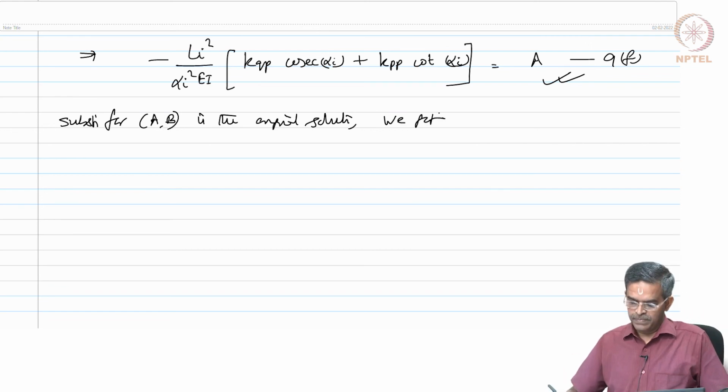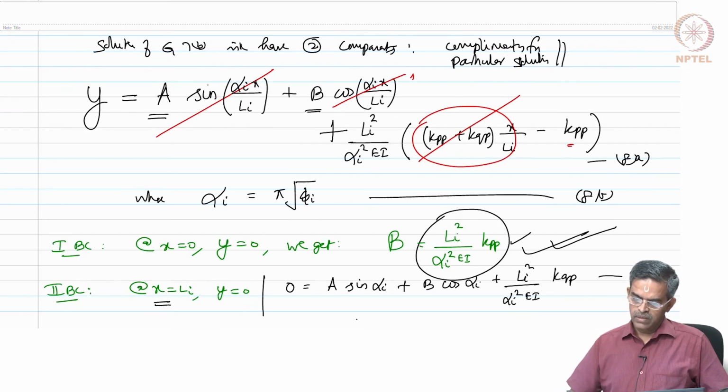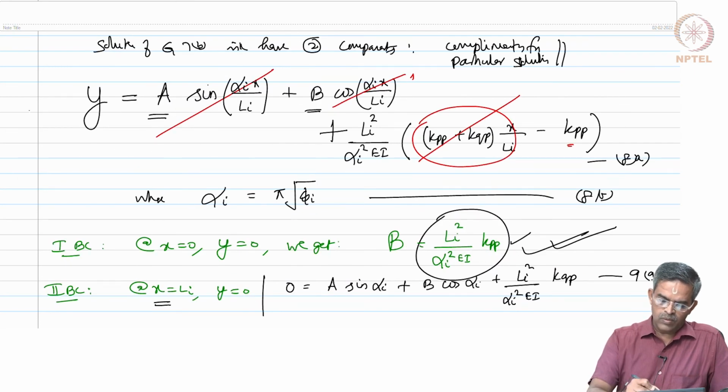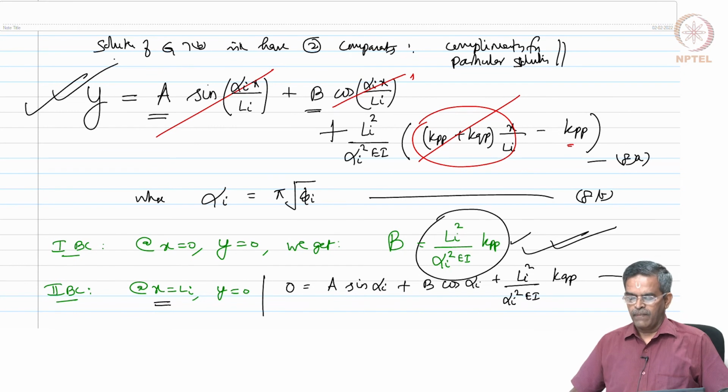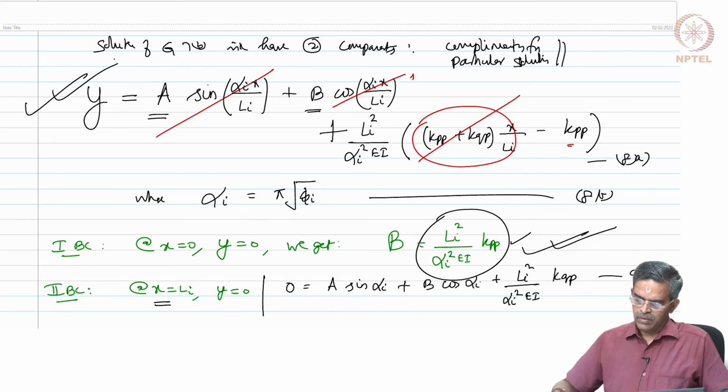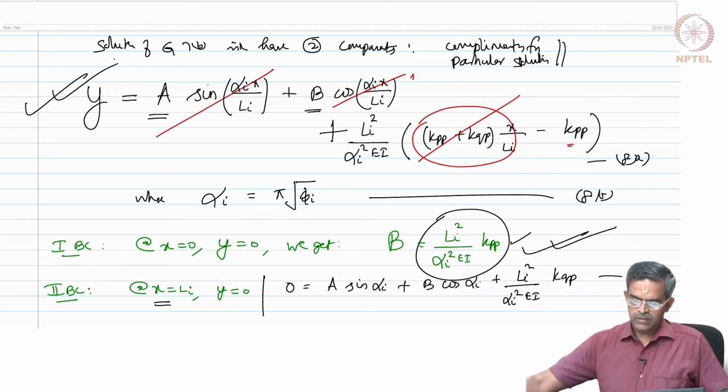Where is the original solution? This is the original solution I have. So, let us rearrange the terms. Let us again, we can even copy this, let us try to copy this.